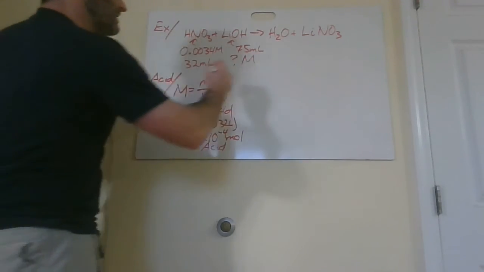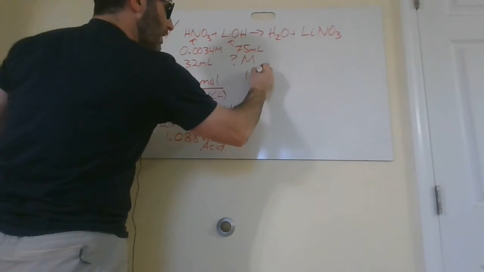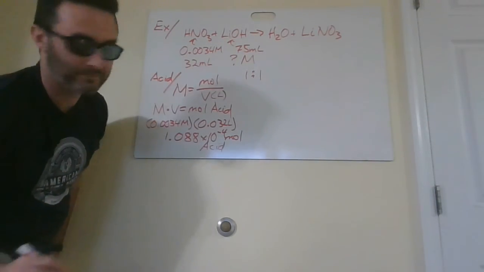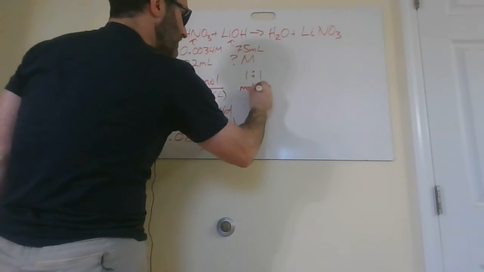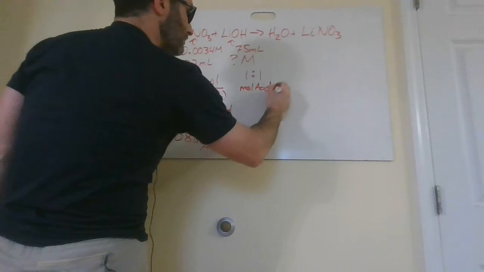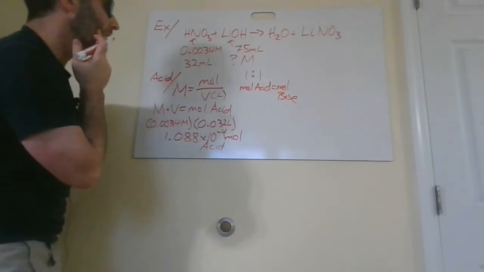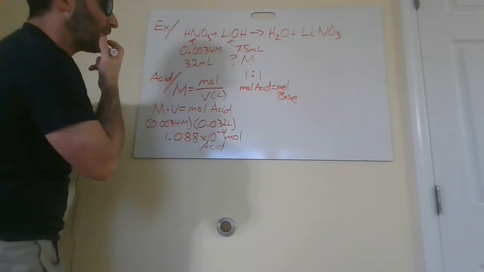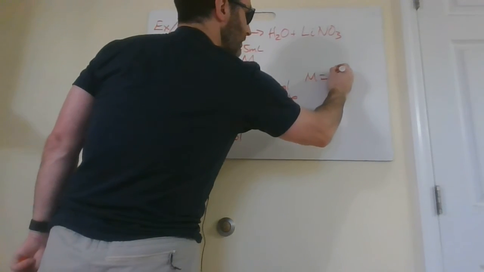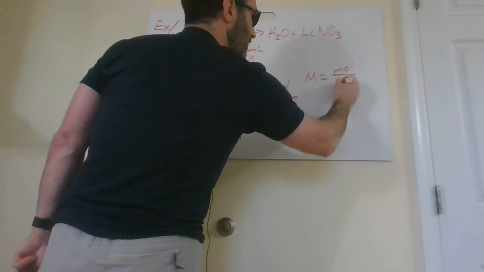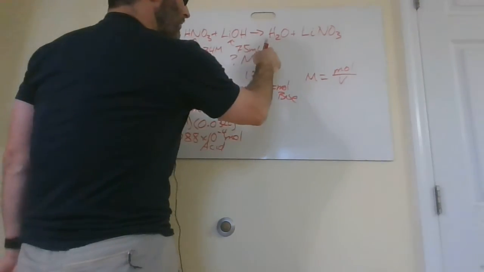Well, then I say, wait a minute. It's a one-to-one reaction. Moles of acid equals moles of base. Okay, well then these two things have to be equal moles. So let me do molarity, moles, volume here. I've got a volume.